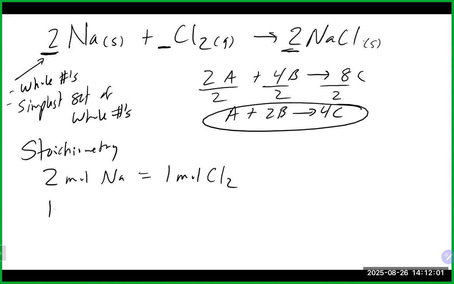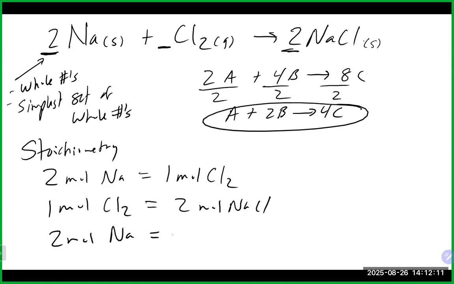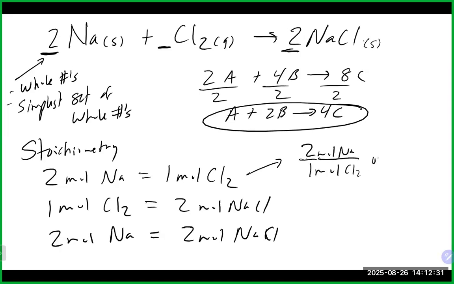You could say 1 mole of chlorine reacts to give you 2 moles of sodium chloride. 2 moles of sodium gives you 2 moles of sodium chloride. So these are what are referred to as the stoichiometric equalities. And from any of these equalities, you could write 2 conversion factors: 2 moles of sodium over 1 mole of chlorine, or 1 mole of chlorine over 2 moles of sodium.